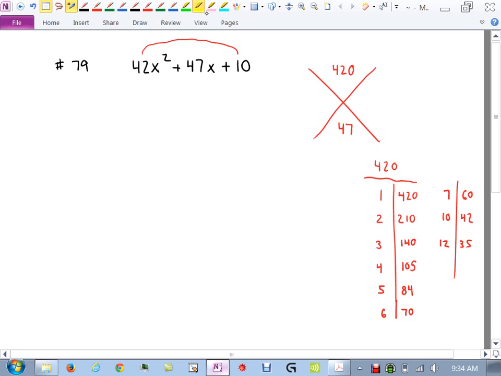And it looks like the 12 and 35, right? So 12 plus 35 is 47, so unfortunately it was the end of the list here.